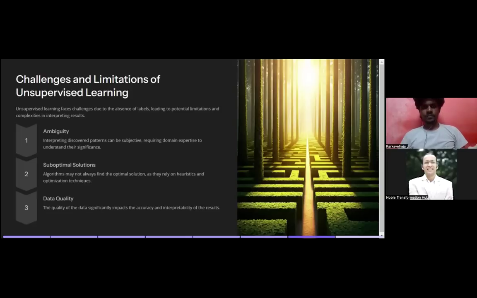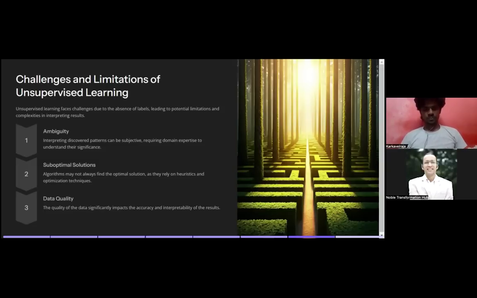Let's say not 100%, but 80%, some kind of solution for the problem is like heuristic. So algorithms may not always find the optimal solution, but rely on heuristic and optimization techniques. Means some kind of solution, some kind of performance accuracy or solution.